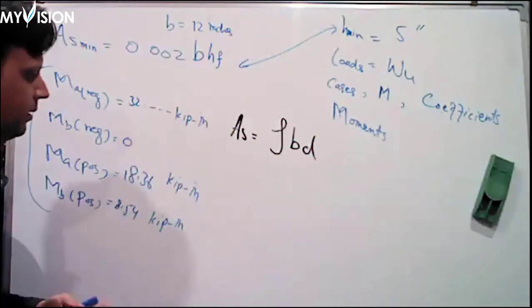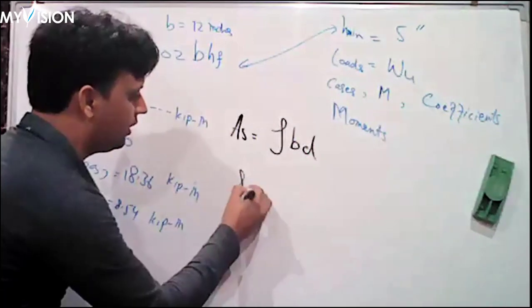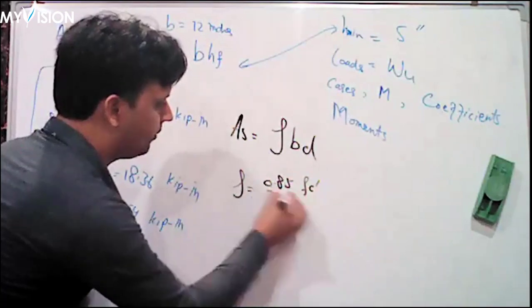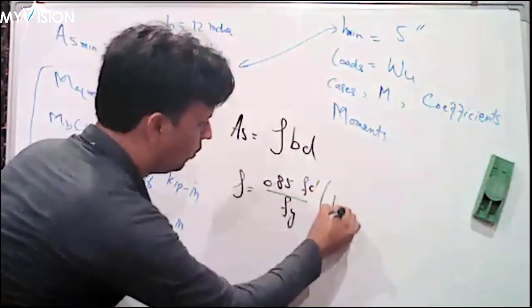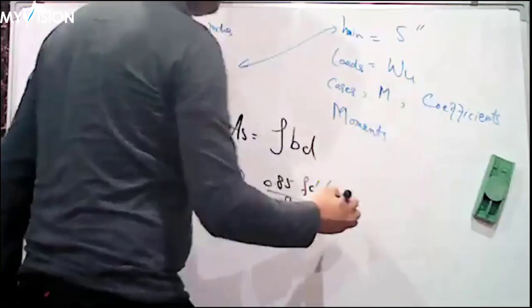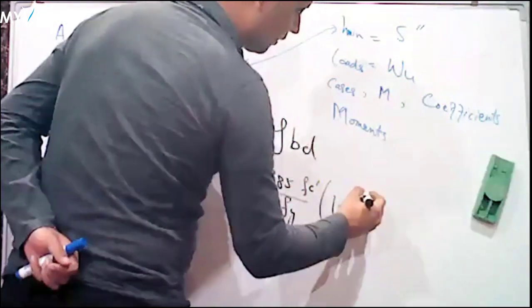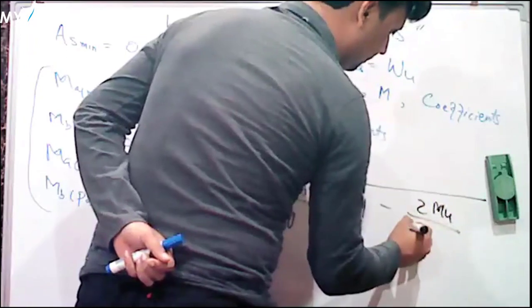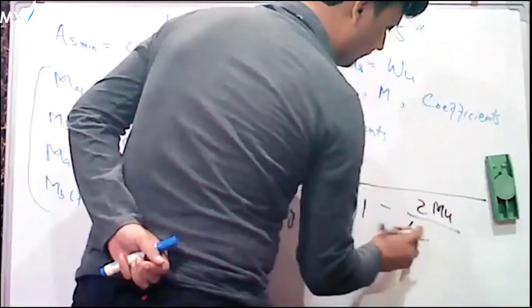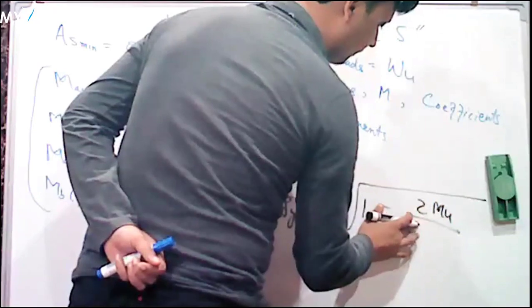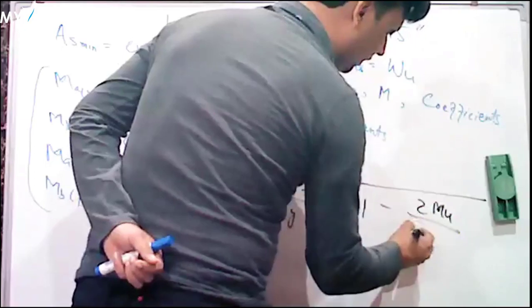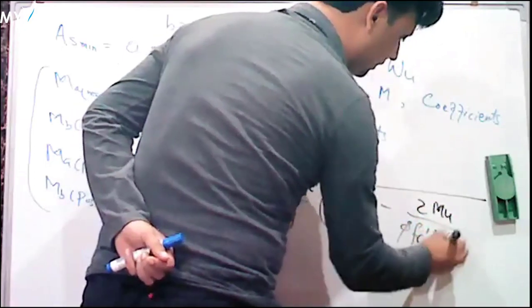The formula, the longest formula, is rho equals 0.85 Fc prime over Fy times 1 minus square root of 1 minus 2 Mu divided by 0.85 phi Fc prime B D square, I guess.